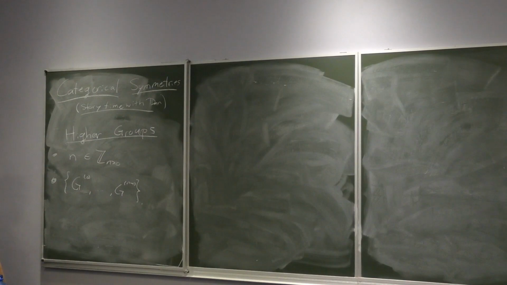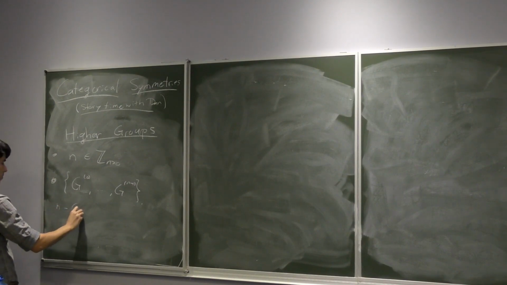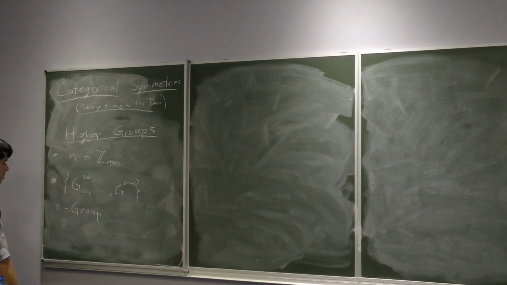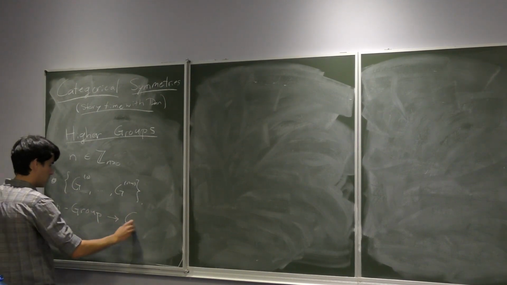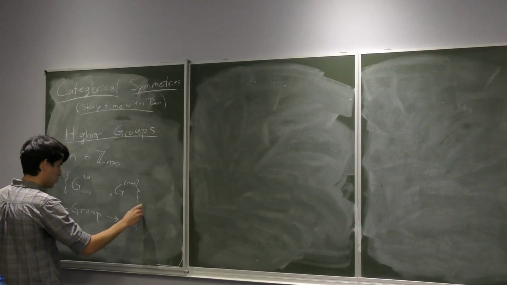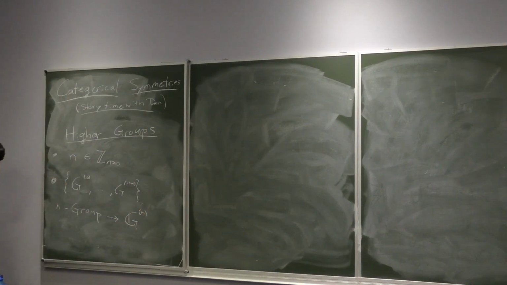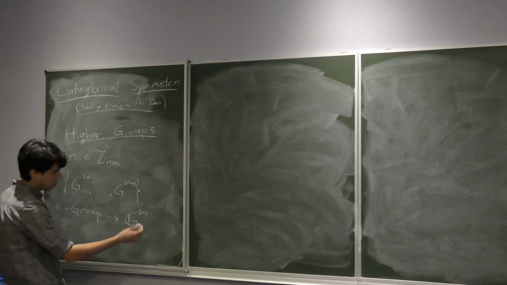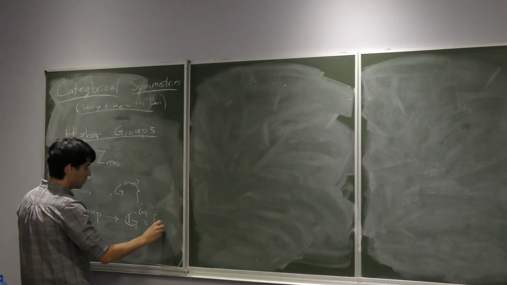Together, such an object is called an n-group, and it's usually written in a very compact notation as a boldface G for the number n. So usually people just say the G_n is the set of all of these groups.